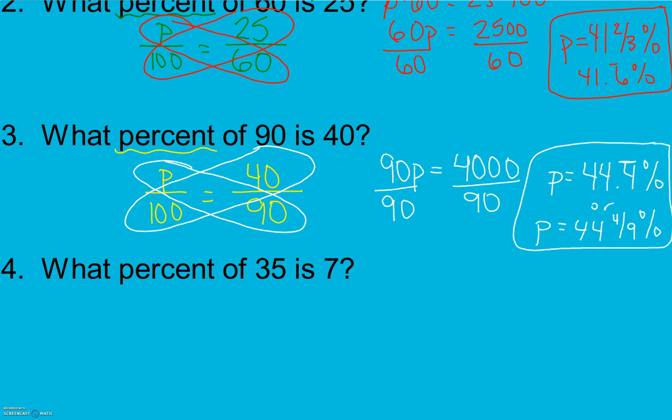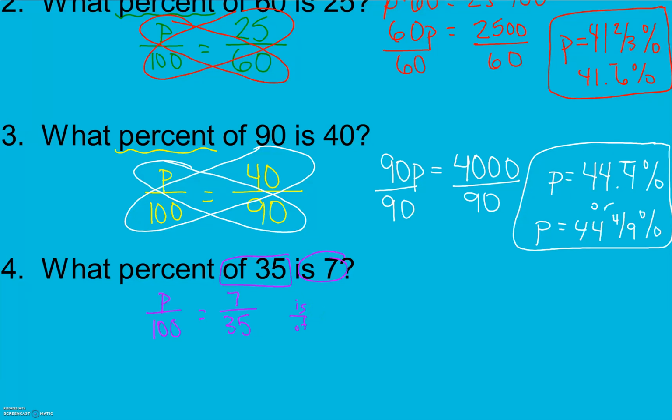What percent of 35 is 7? So again, 35 is our base. That's the total that we're talking about. And we want to know what the part 7 is as a percent. So P percent is P over 100 equals our part over our base. Is over of.